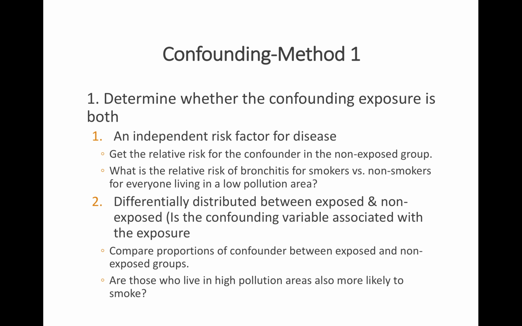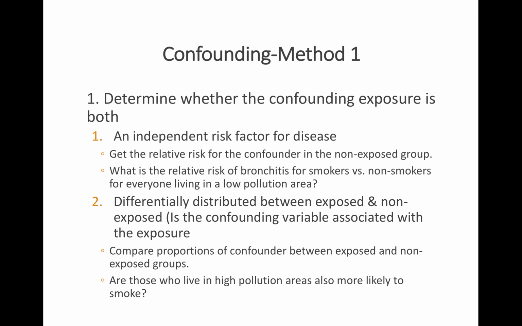A couple ways that we do this is to determine if it's an independent risk factor. We can get the relative risk for the confounder in the non-exposed group. What that does is we actually control for the exposure, and then we can get the rates of disease that can be contributed to the confounder independently.